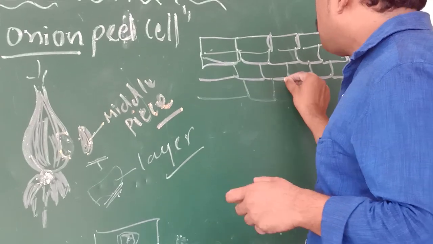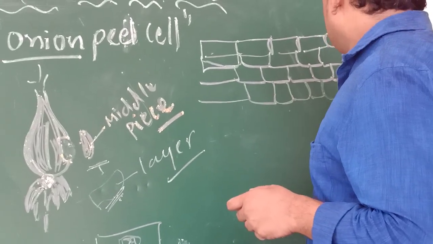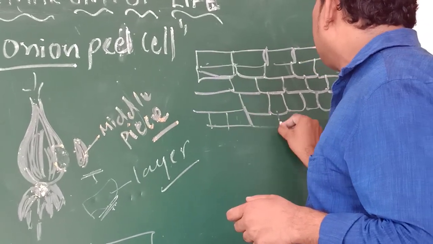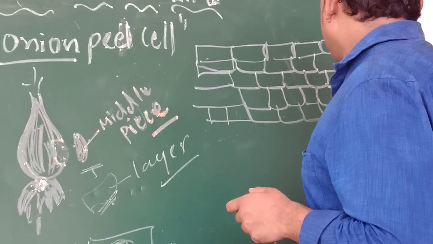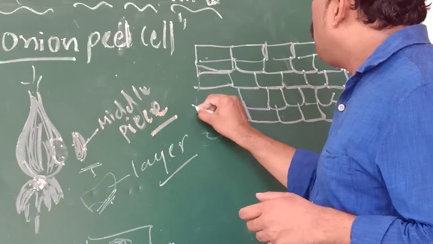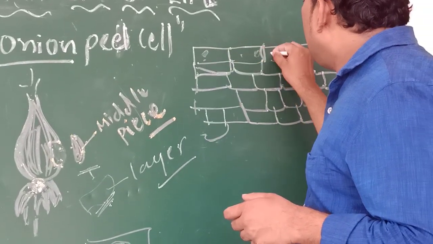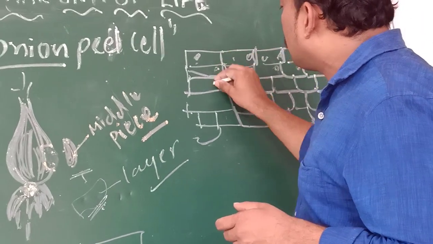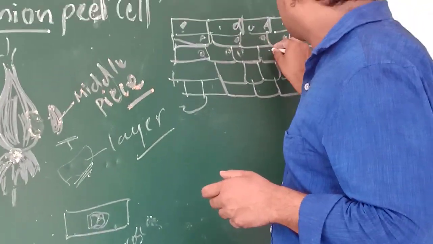Generally we have seen onion as layers, but here the onion is also made up of small cells. If you observe the onion peel under the microscope, each and every onion peel is made up of small room-like structures, chambers.